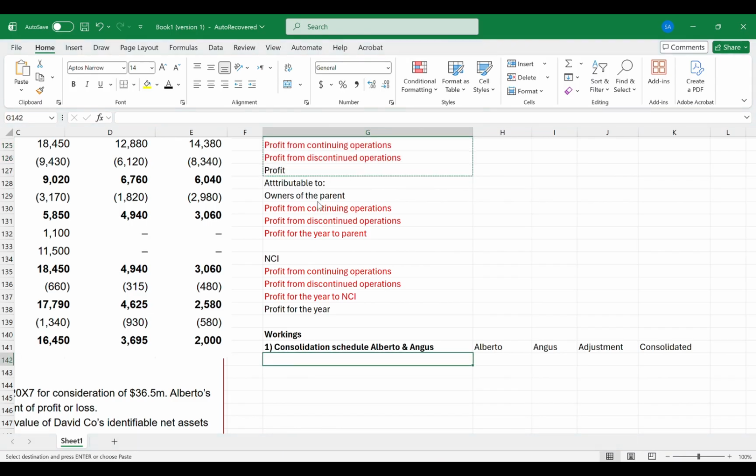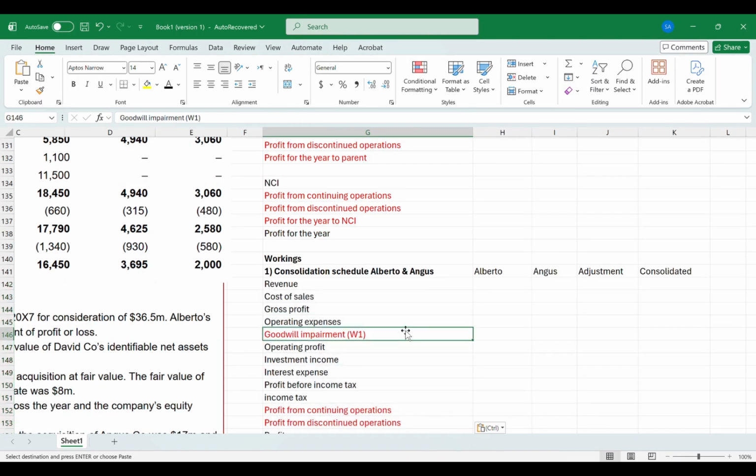This section I will just copy paste here, so you do not waste time to write all this. Okay.